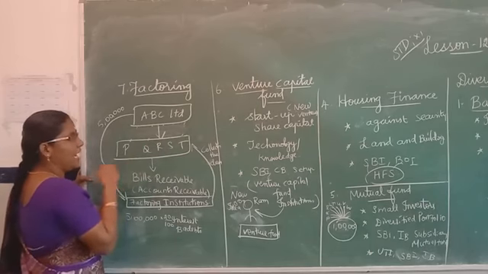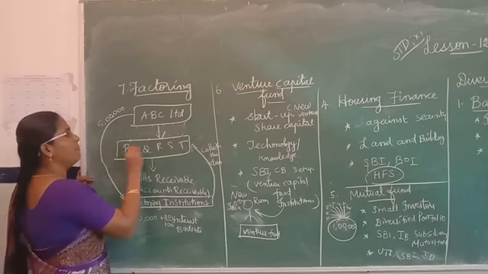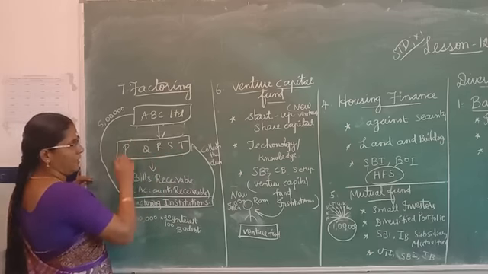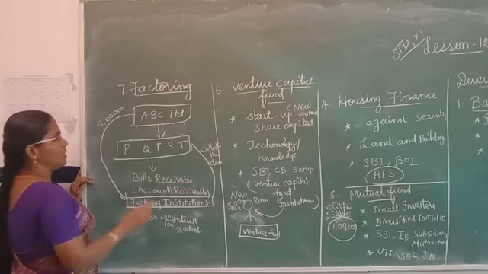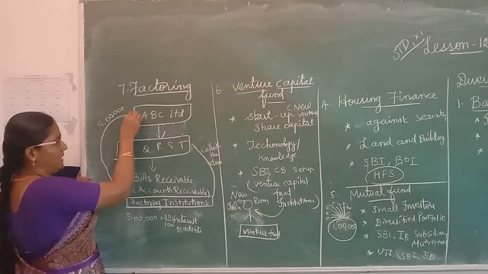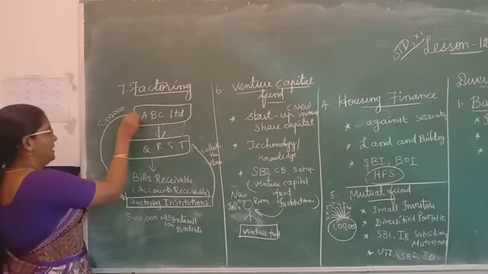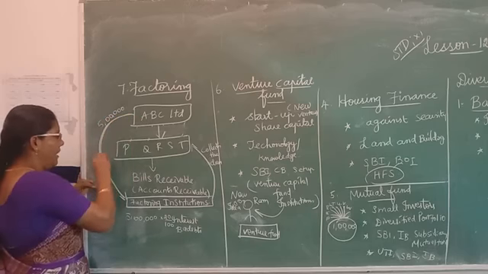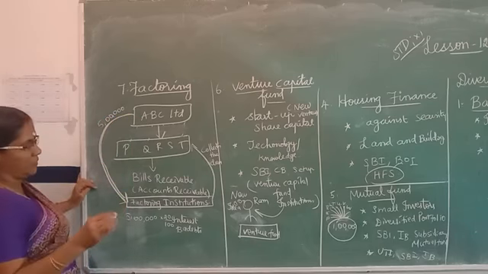Instead, they gave bills receivable to ABC. ABC Limited wants to run the business, so ABC will collect the bills receivable and hand them over to a factoring institution.